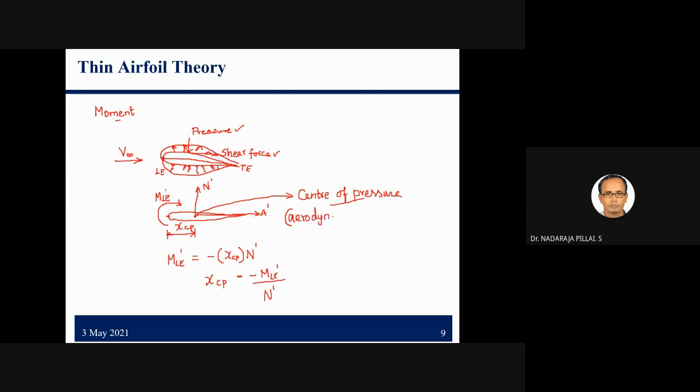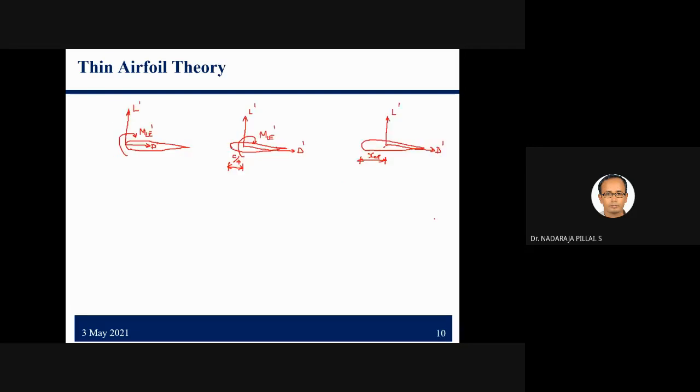The aerodynamic moment is zero. So when there is a small angle of attack, let us say the angle of attack is very small, then one can write sine alpha is almost equal to 0 and cos alpha can be equated to 1.